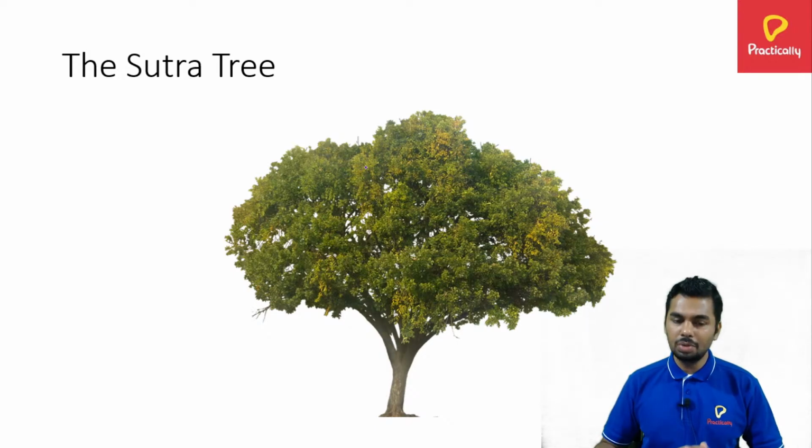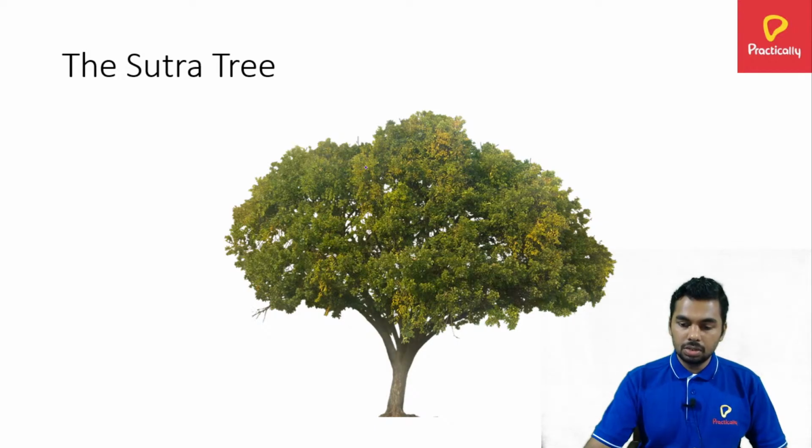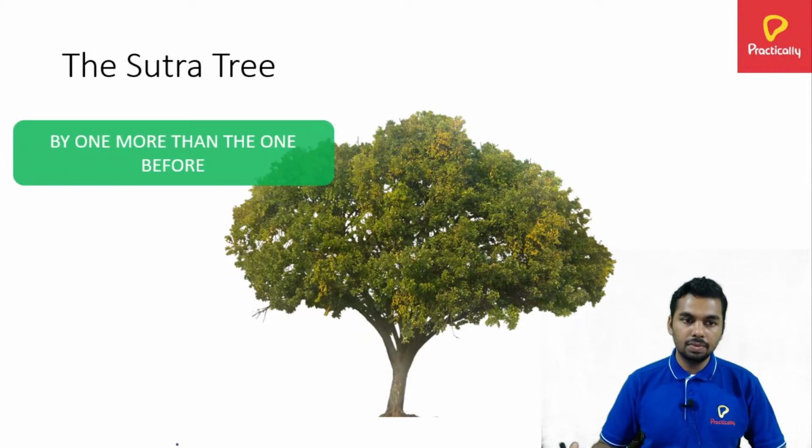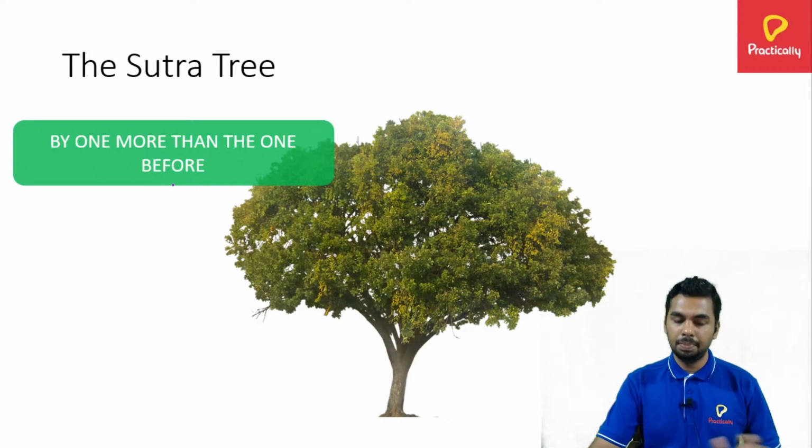We have learned almost 3 sutras in this class. I'll tell the English names. The first sutra was called by one more than the one before, Ekadikena Purvena, the Sanskrit name. We have seen applications of that in terms of the 10-point circle and also the 9-point circle.